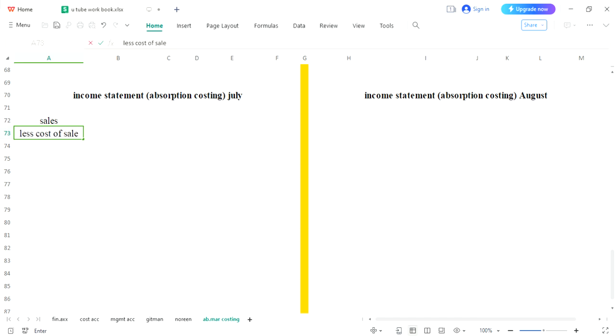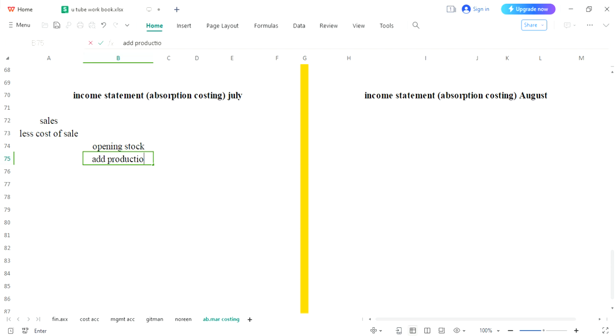For cost of sales, as we understood in previous lectures, we need to have opening stock. Then we usually add purchase, but here we will not add purchase. In manufacturing, we add production.